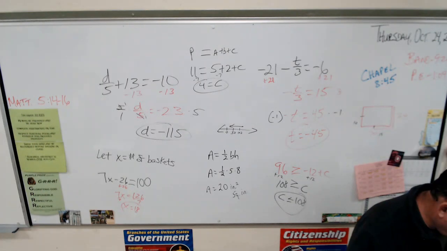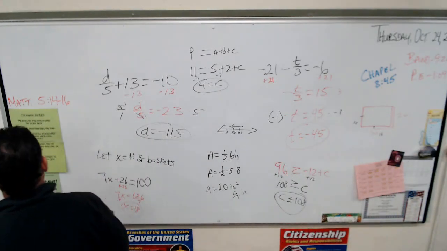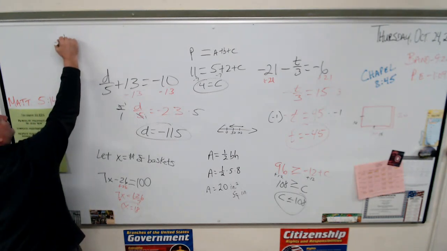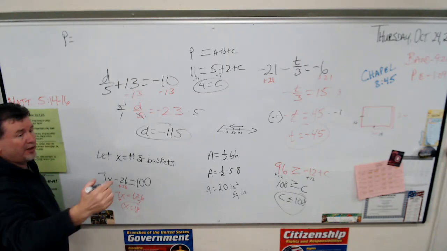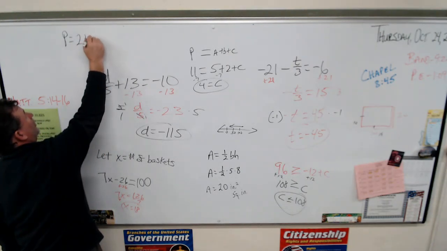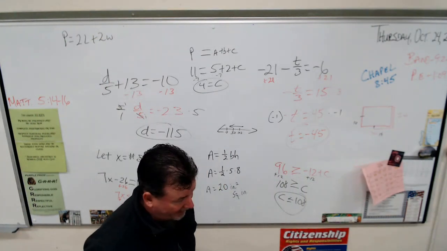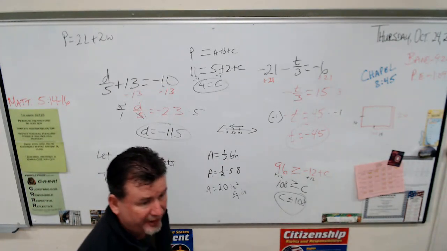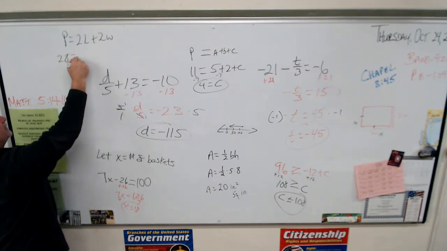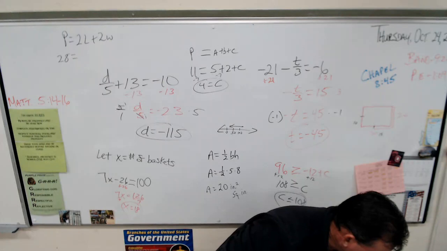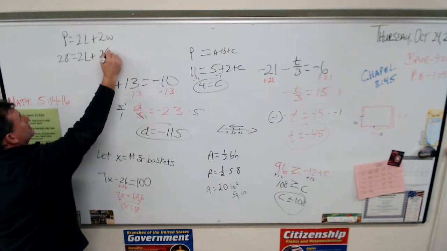31. What's the perimeter of any rectangle? Yep. Please stay quiet. Now more than ever, you need to stay quiet. We're down to less than 2 minutes. P equals 2L plus 2W. What information did they give us? They gave us the perimeter, and they give us one side, right? What did they say perimeter was, 28? They gave us the 28, and they gave us the width. 2L plus 2 times 6, right?